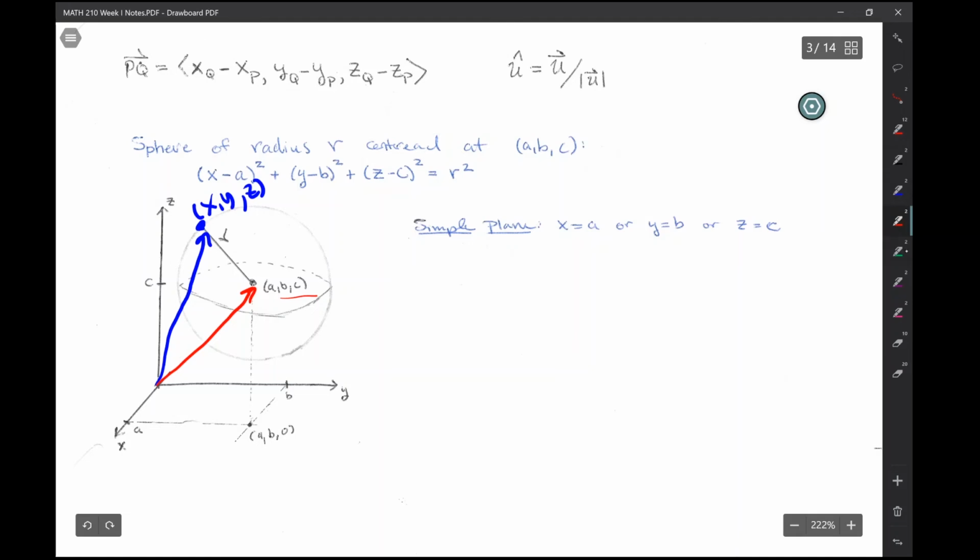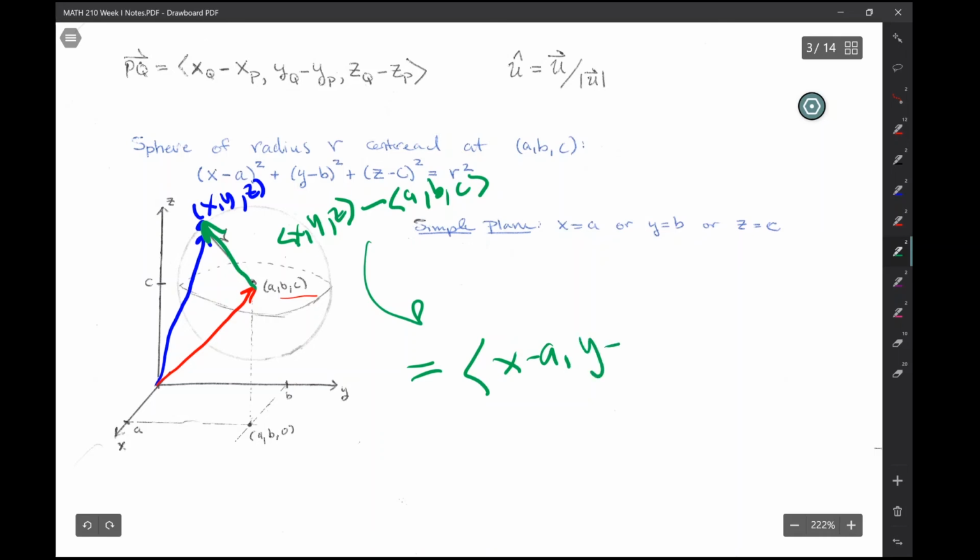Well, from our interpretations above, we're going to get a new vector that'll point out like this, and this will be x, y, z minus a, b, c. Okay? Well, what is that? That's going to be equal to x minus a, y minus b, and z minus c.